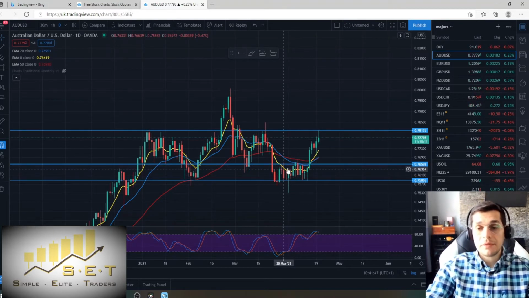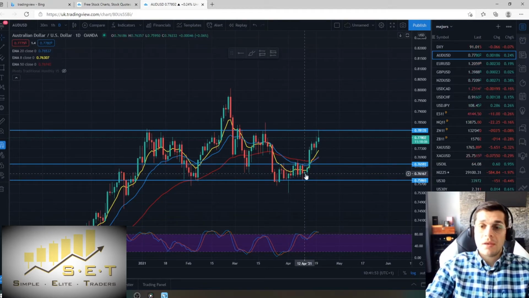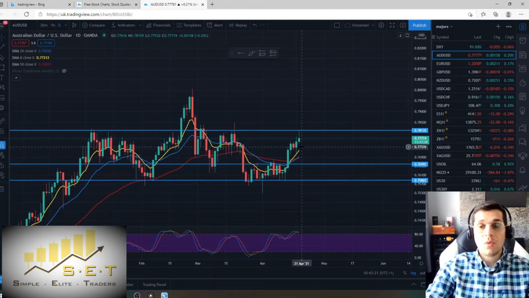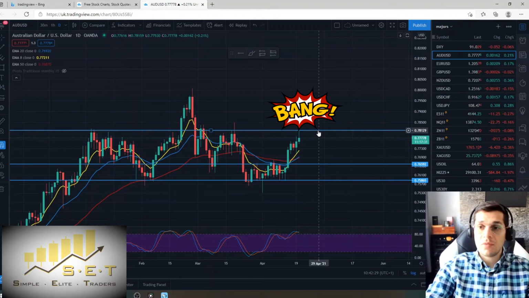But it didn't happen because the market went sideways, and finally last week buyers stepped in and broke through this level, which was around 76.60. Today we can see this high test bar forming and rejecting this resistance level, which is around price 78.10.